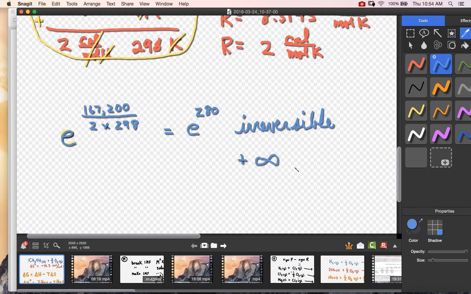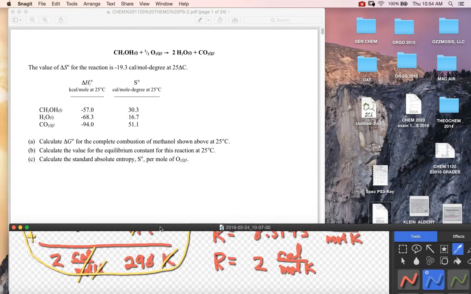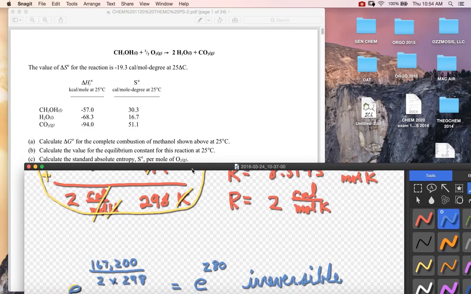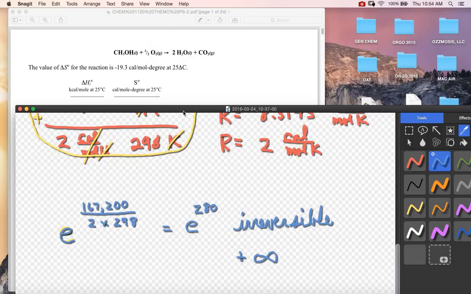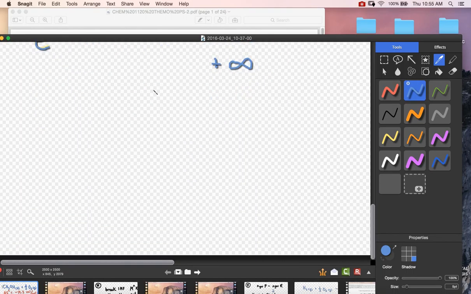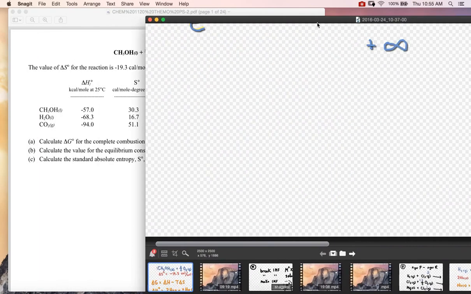And so we never really worked these problems when we were doing thermo, but now you're expected to be able to do that. Finally, let's end this one with part C. Calculate the standard absolute entropy S for O2, which is what we thought they were going to ask us from the beginning. And so we can use Hess's law to accomplish this.